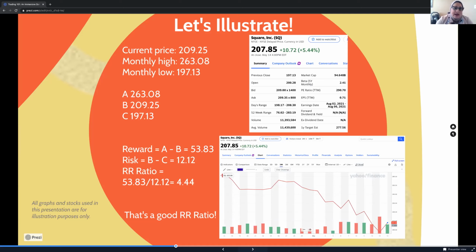formula, okay? So I'm sorry, Asma, I'm just going to interrupt you. I want to point out that the current price you see on the slide is a bit different than the screenshot. That's because the screenshot doesn't show the movement that happened in the aftermarket hours. I meant to change this and I forgot.